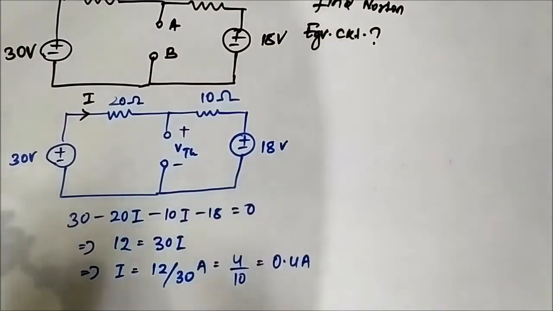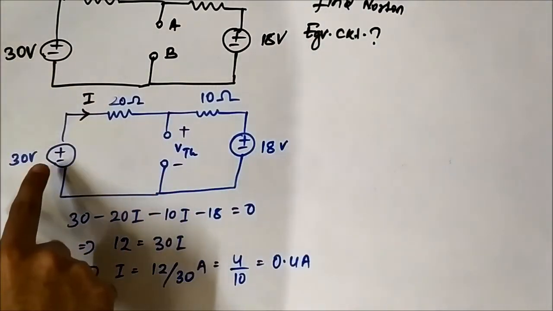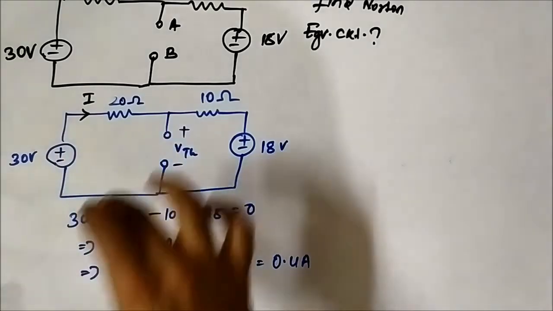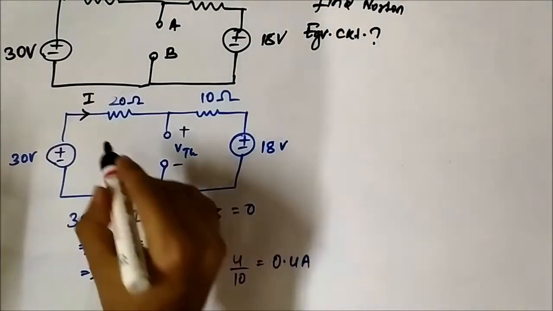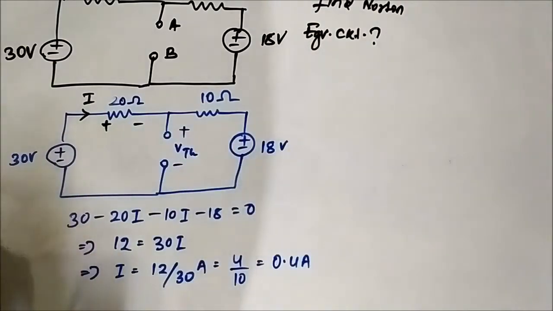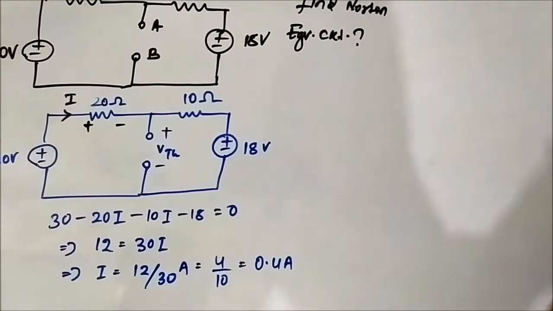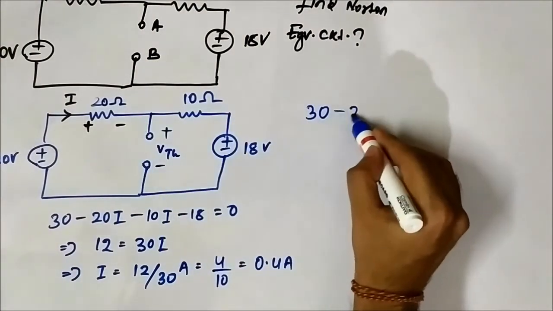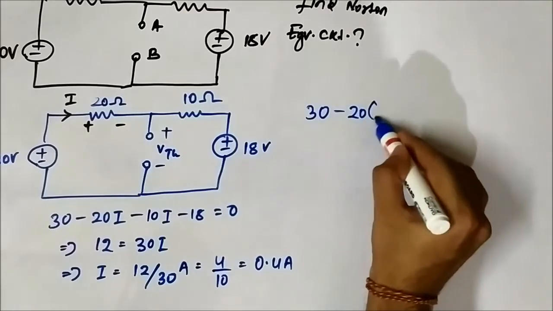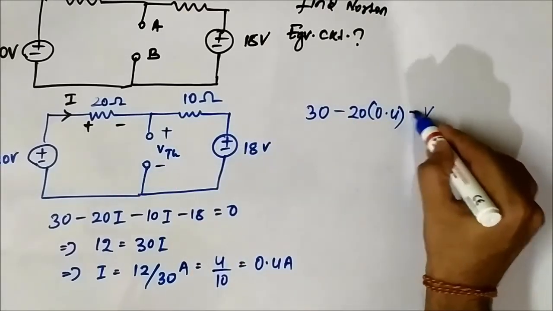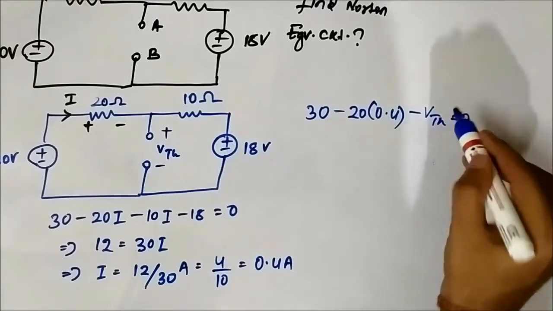If we apply KVL from this point up to this point, the two terminals, we can get the value of VTH. That is 30 minus 20 into I, that is 0.4, minus VTH is equal to 0.